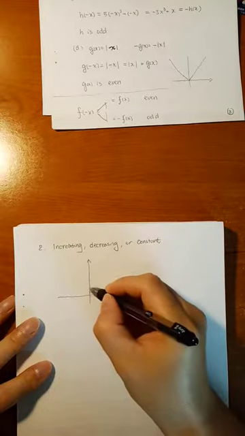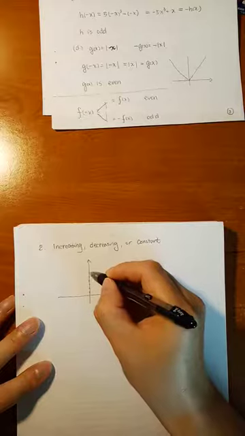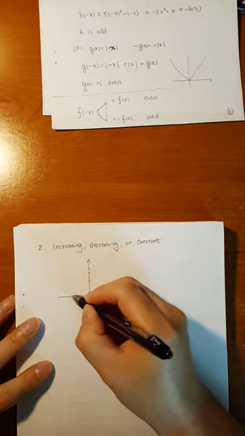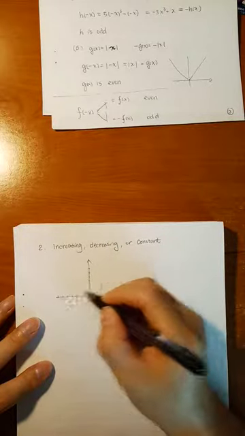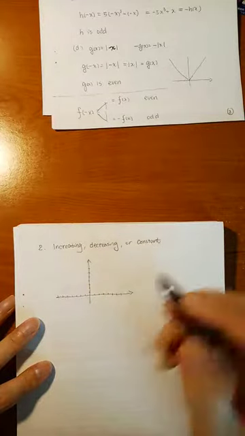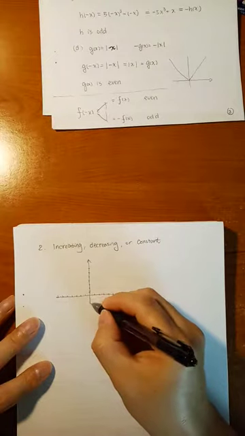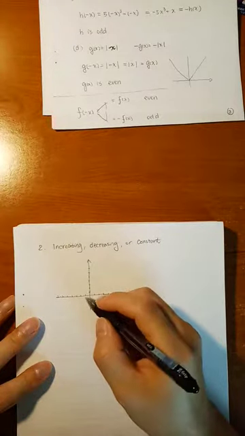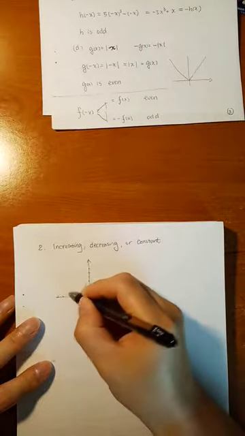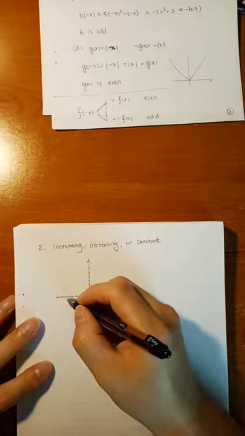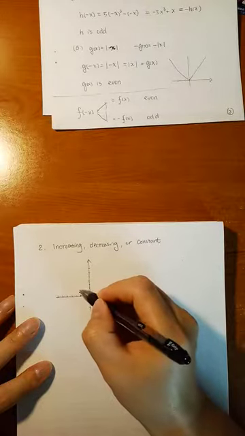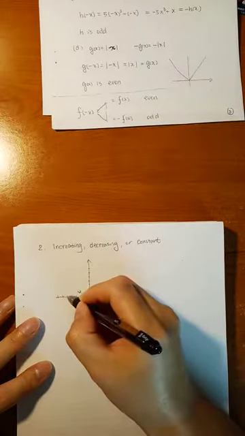So we have 1, 2, 3, 4, 5, 6, 7 on the axes.